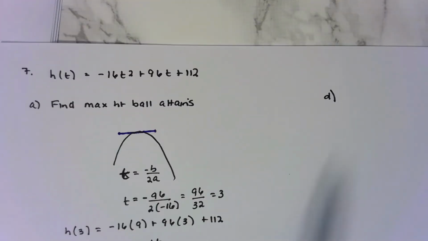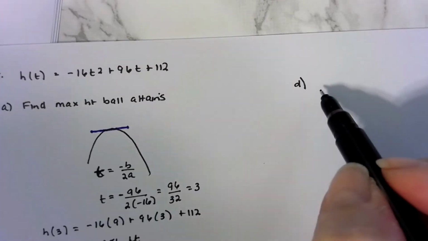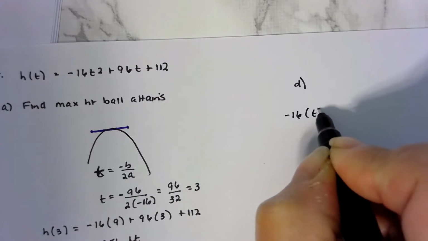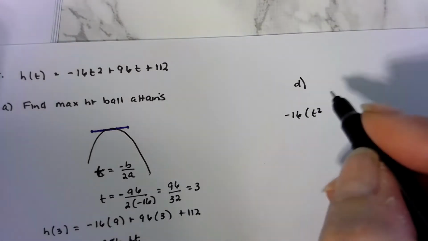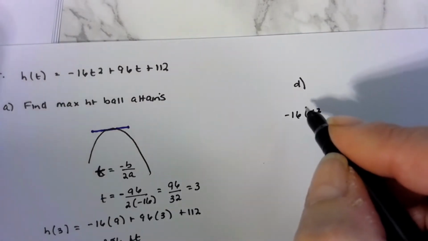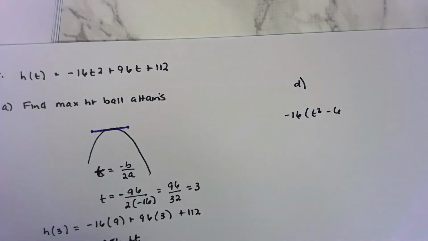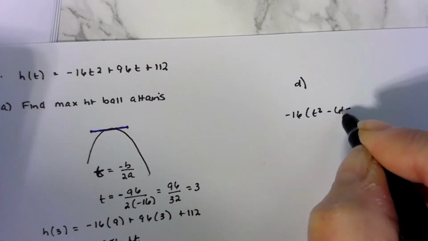Well, before we actually get into d, if I take this function and factor out a negative 16, I'm left with t squared minus 6t minus 7. Oops, I have to use my calculator. Yeah, t minus 7.